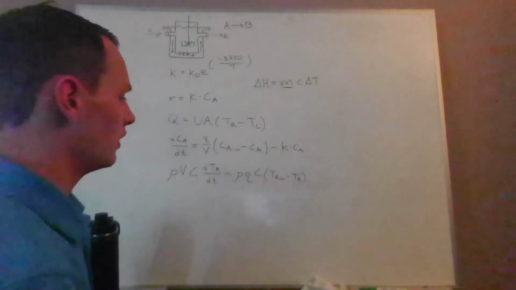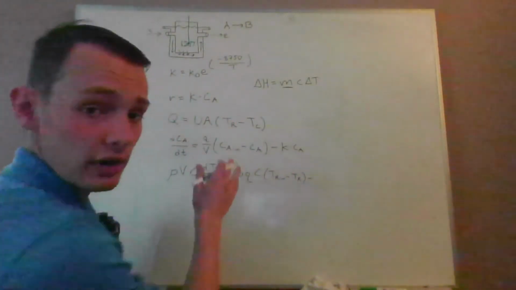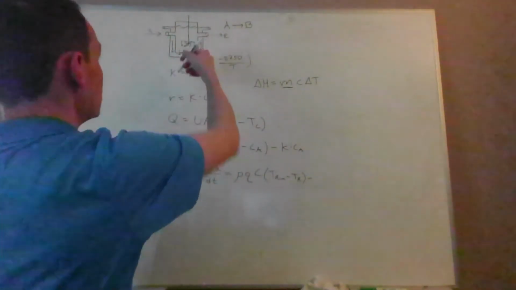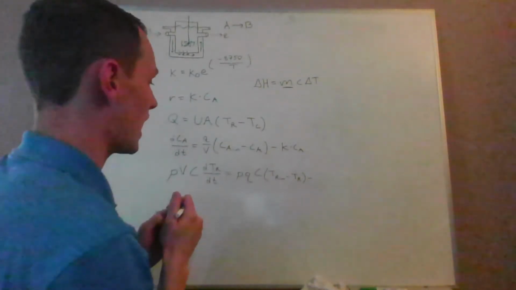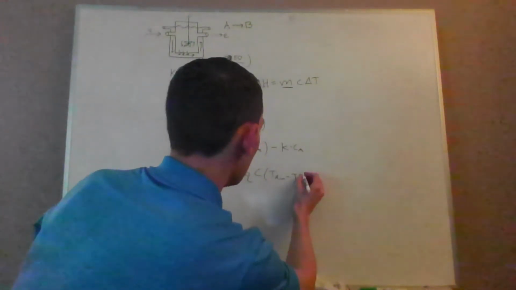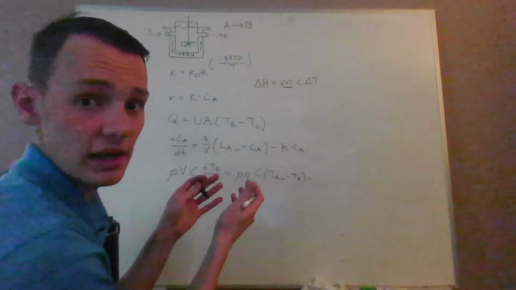Okay. Then we have the heat transfer, okay? Because our coolant is going to take heat, basically, or heat is going to flow to our jacket where there's a lower temperature. And that equation is already on an energy per time basis, right?